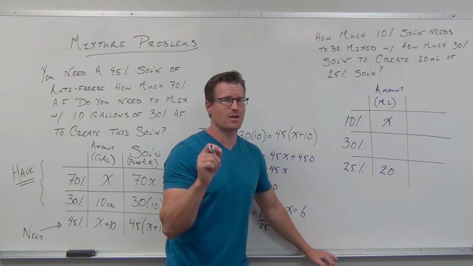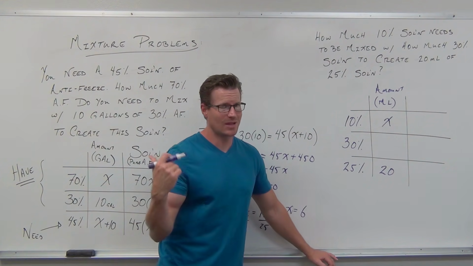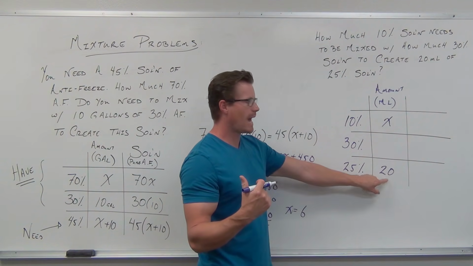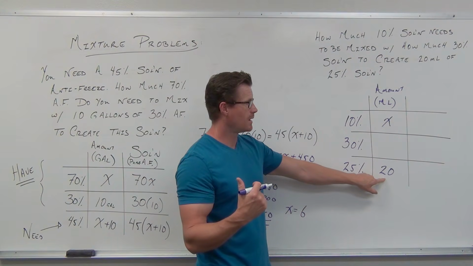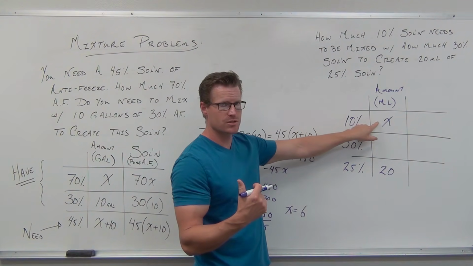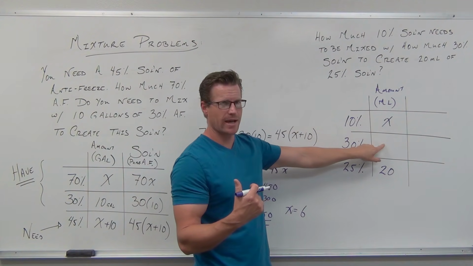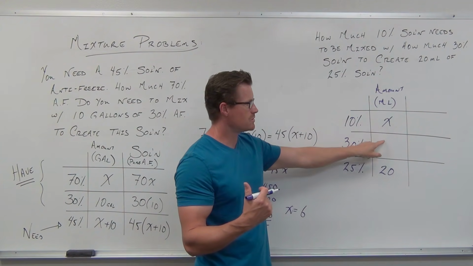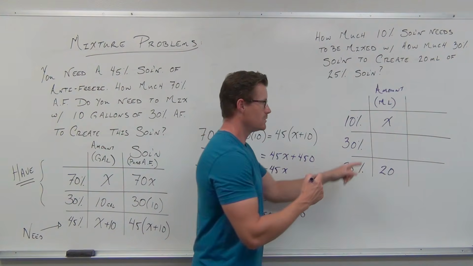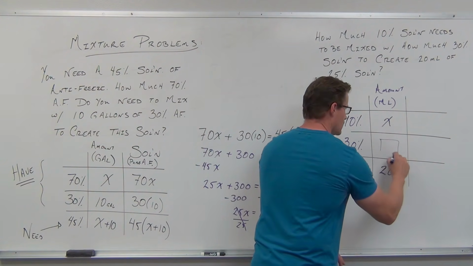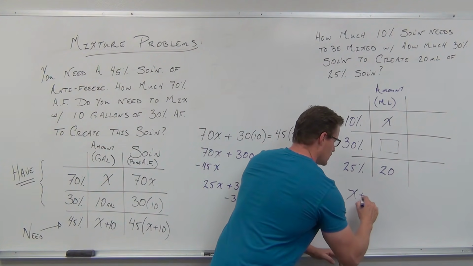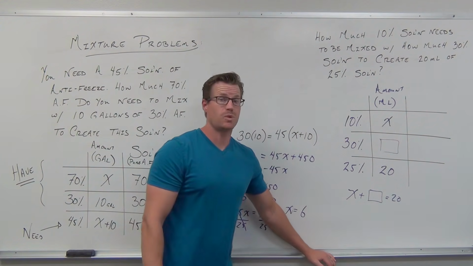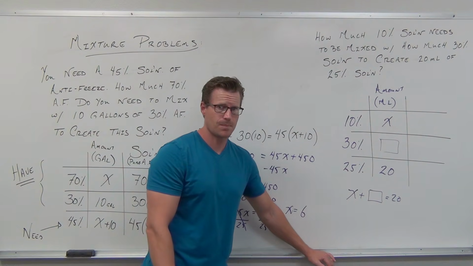And if you see the similarity, I'll be proud of you, okay? The similarity to the last video is, hey, if you know you have to add to 20, and you're calling this one x, this one has to be, think about it, try it on your own if you don't know it. You need these two to add to 20. You need x plus blank space to add to 20.